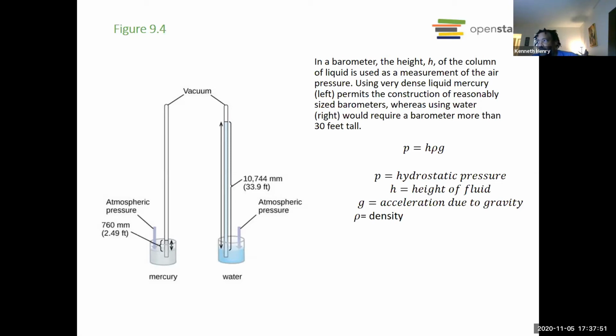But if we want to calculate the pressure in terms of pascals, we use this equation, where H is the height of the fluid, g is the gravitational acceleration, and rho is the density. So depending on the density of the fluid, we can do the calculation.